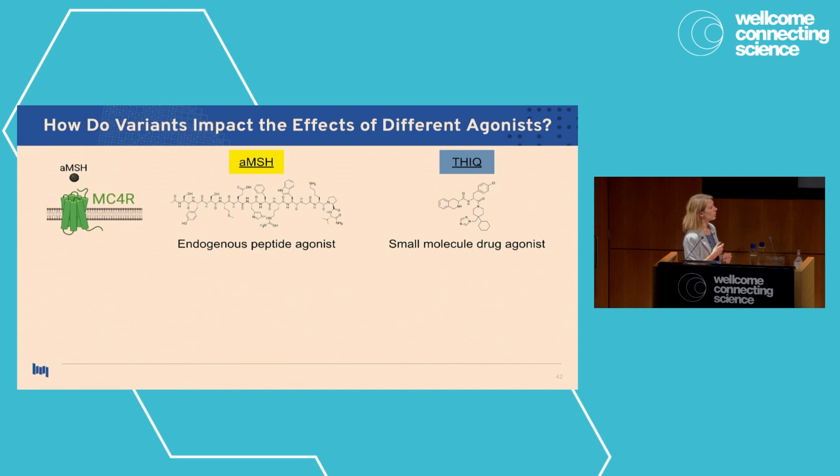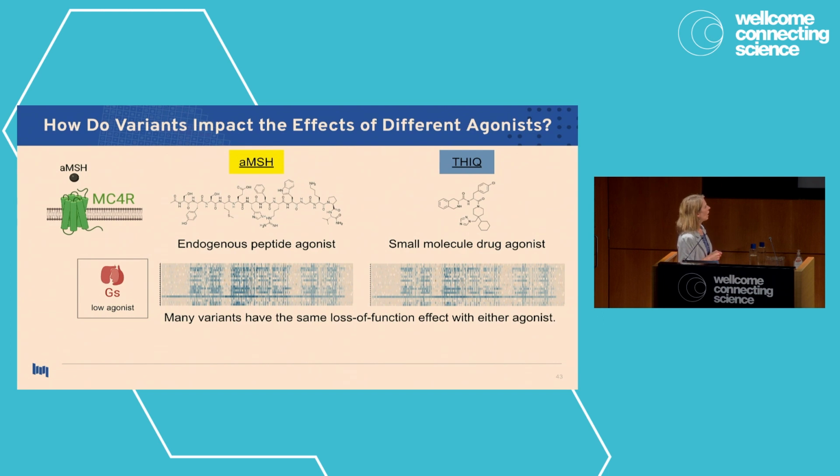There have been a number of drug-like small molecule agonists that have been developed for MC4R through various different drug programs. One whose acronym is THIQ is shown here. It's a small molecule agonist that also binds into the same spot of MC4R to activate its signaling.